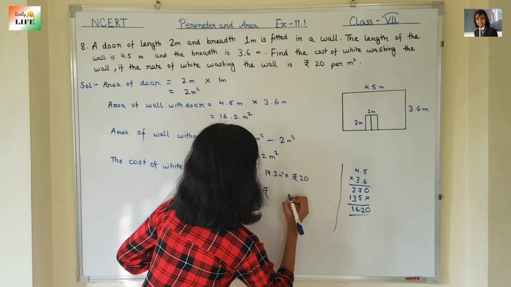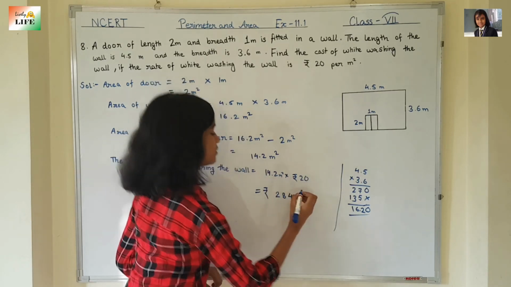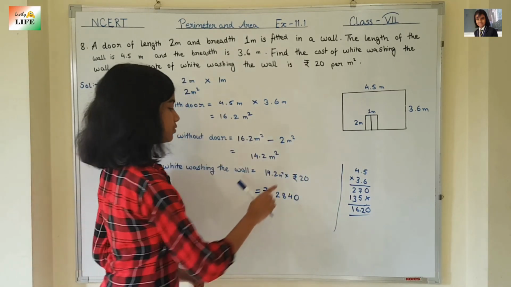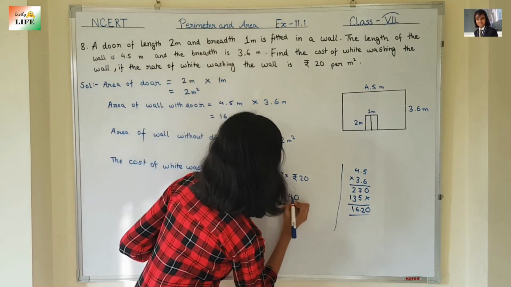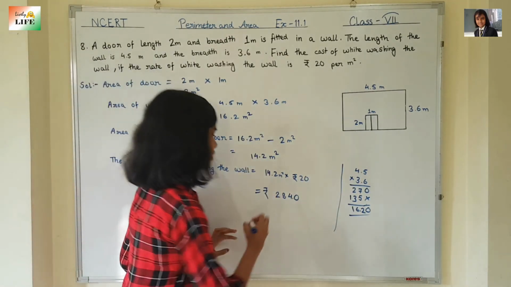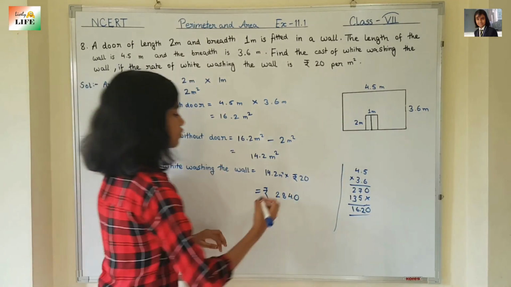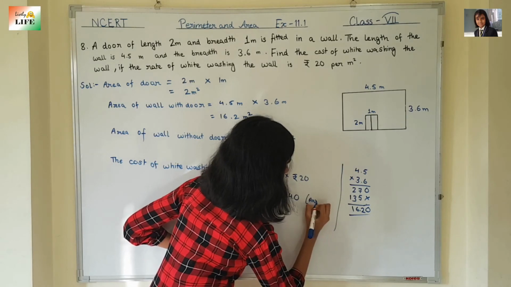2 2s are 4, 4 2s are 8, and 2 1s are 2, and there is 1 zero. So before one digit, right? Rupees 284.0. We don't need to write 0.0. You can only say rupees 284. So this is the answer. Okay.